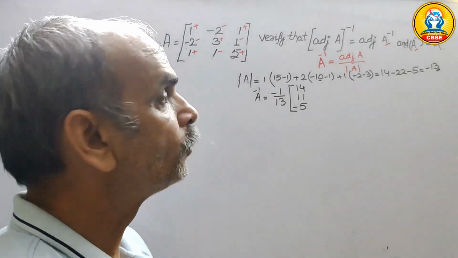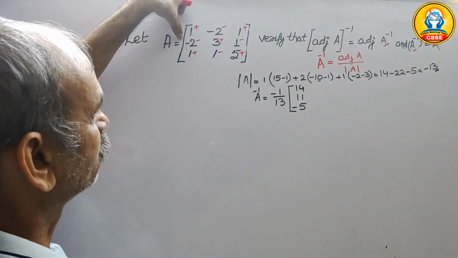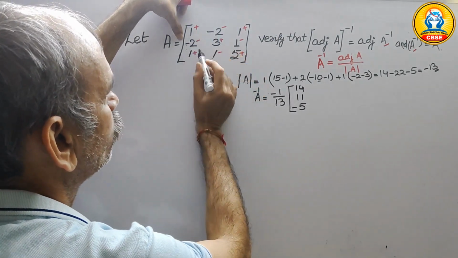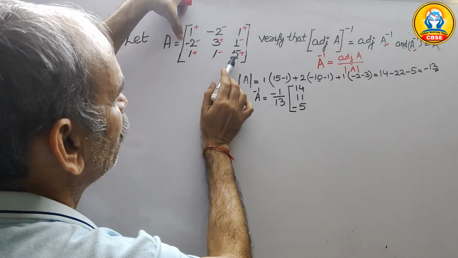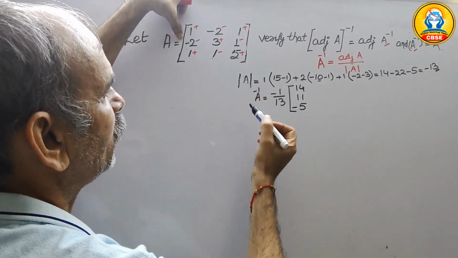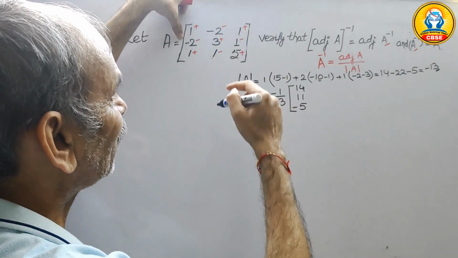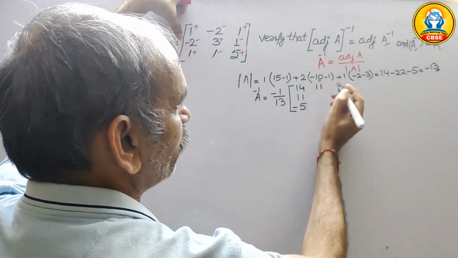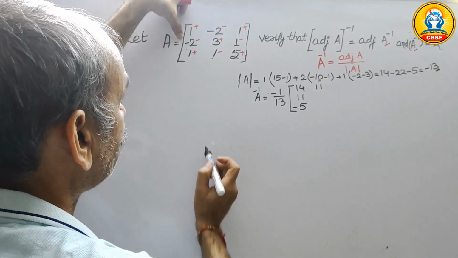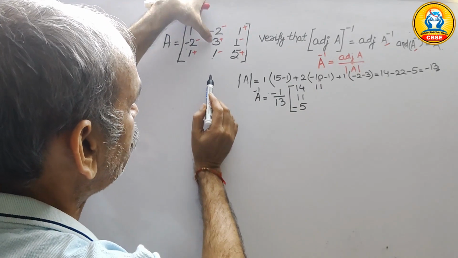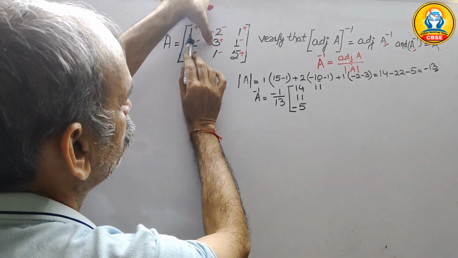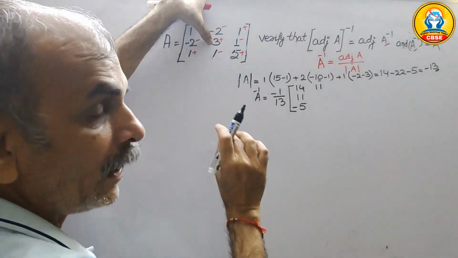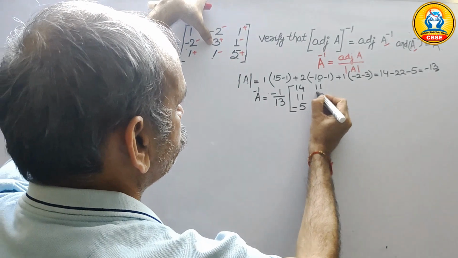Next comes to your second. What we will get? Minus 10 and minus 1 is minus 11. Sign is minus. We will get 11. So here we will get 11. Next is this element. So that is 5 minus 1 is 4. Sign is positive. We will get 4.